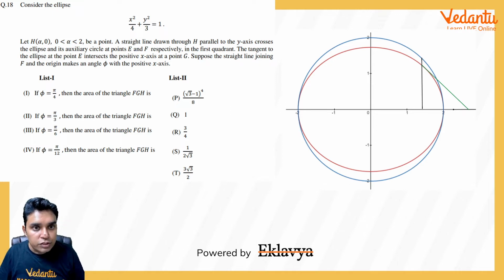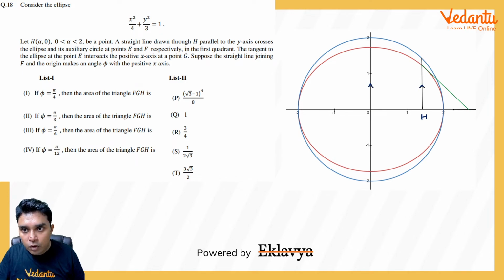Okay, so you can check, this is the ellipse, that red one is the ellipse and this blue one is its auxiliary circle. Now we are given this point H whose coordinate is (alpha, 0). Alpha is between 0 to 2. A line is drawn parallel to the y-axis.